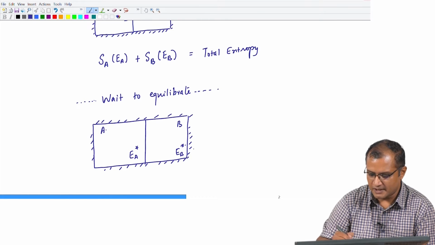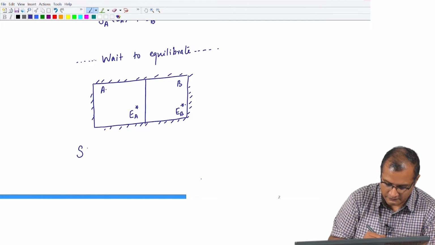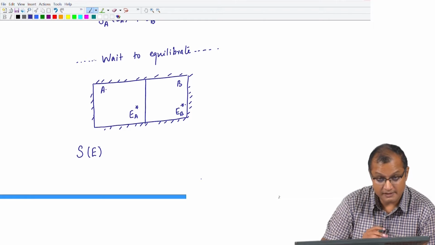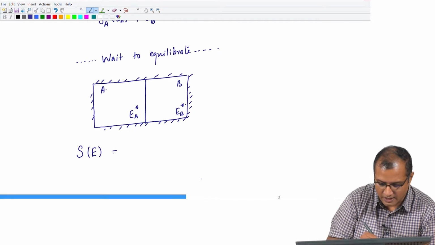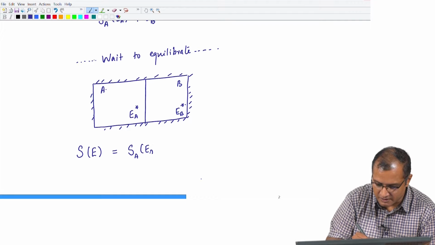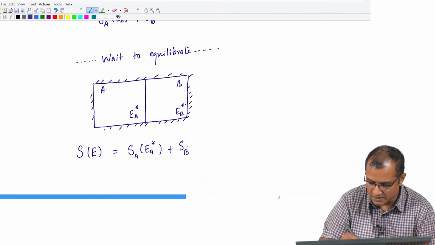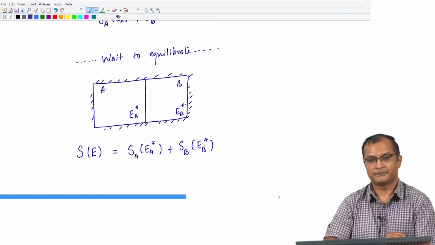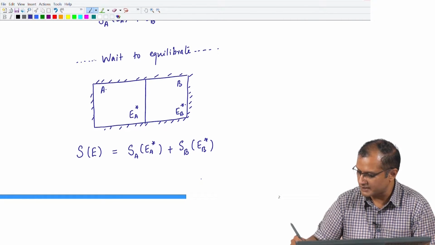And if I call this the equilibrium state of the joint system, I can write down the final entropy, which is S, the total entropy of the joint system with energy E, as the entropy of system A, now sitting at energy E_A star, plus the entropy of system B, now sitting at energy E_B star. And this is actually a state of maximum entropy.